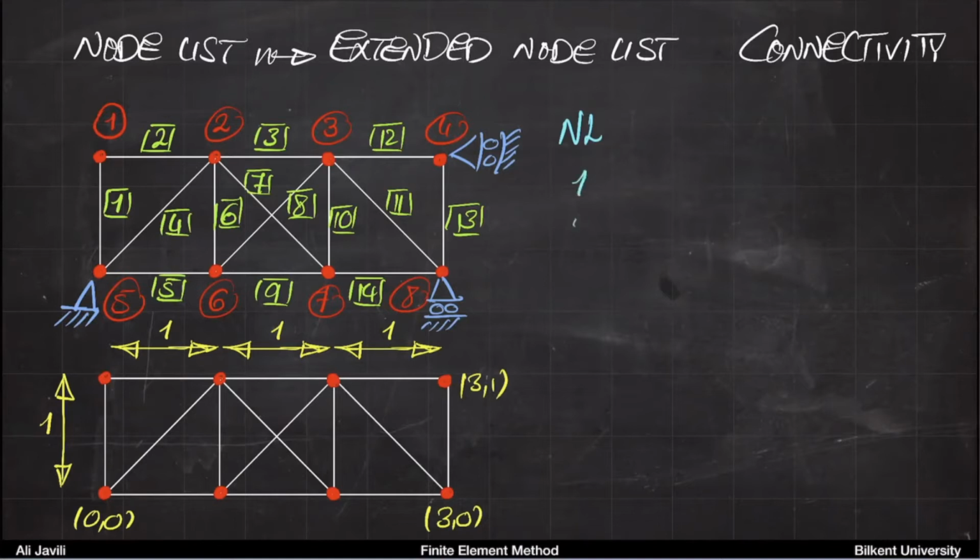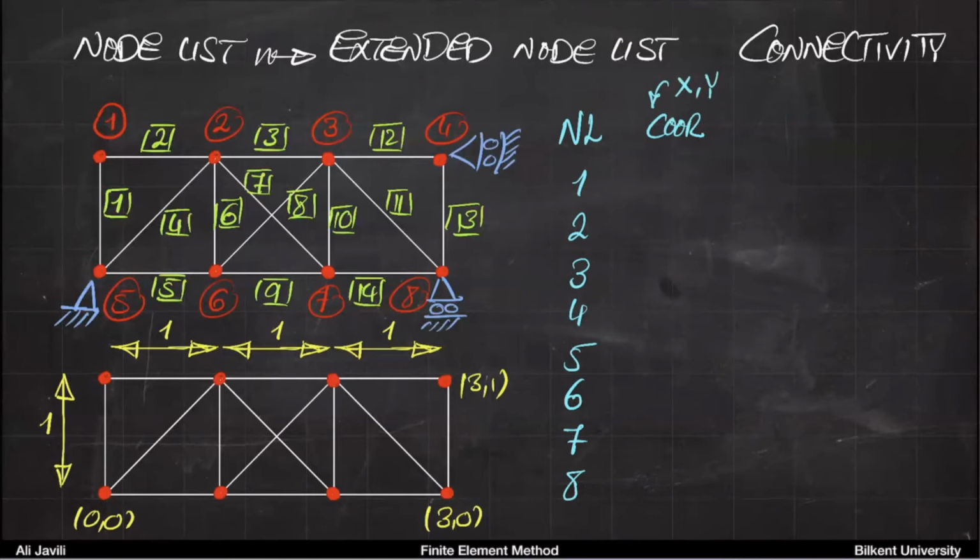And in front of each node, you have their coordinates. In this case, because it is 2D, it means X and Y. We always have X first and then Y after that.